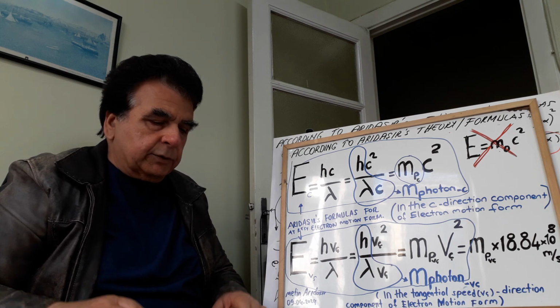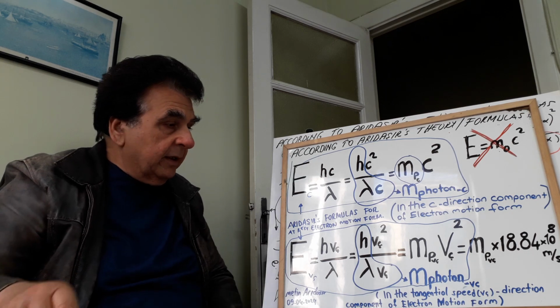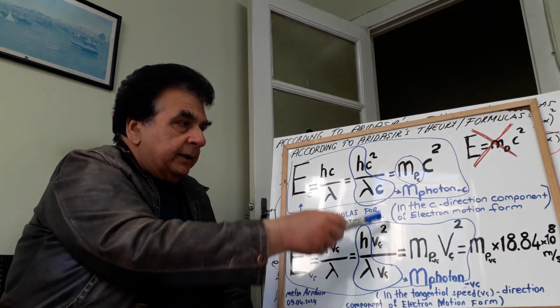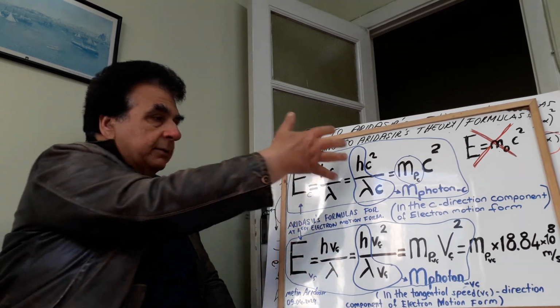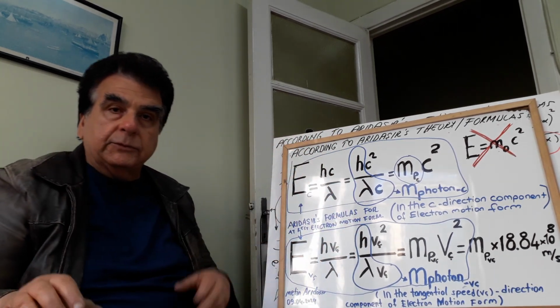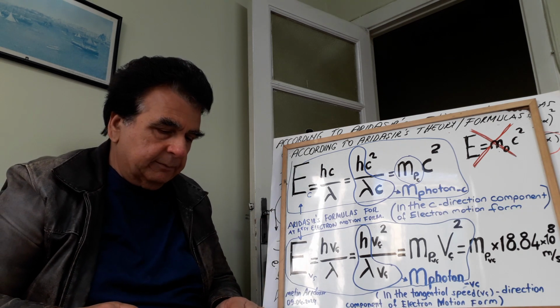So for at rest electron motion form, these formulas are valid that I put forth. These are my formulas, two of them, some of my formulas.